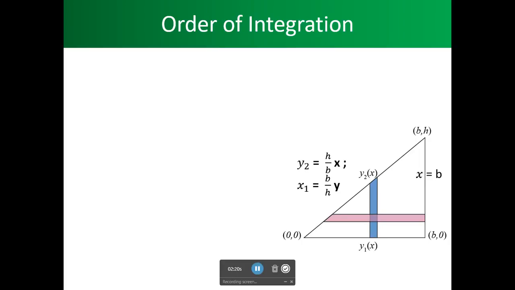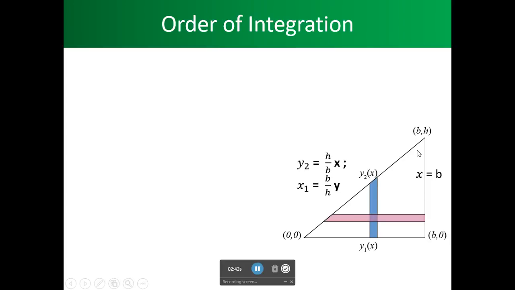And then for your limits, you're going from y1 to y2 over this area as you slide the sliver all the way across, as it keeps going up, all the way to b, where x is.